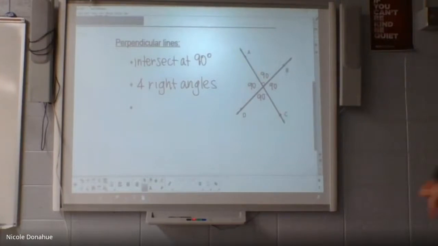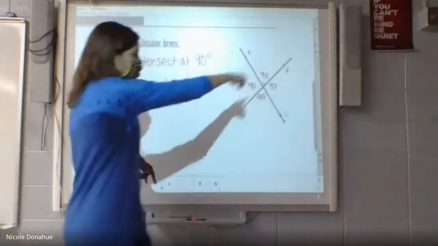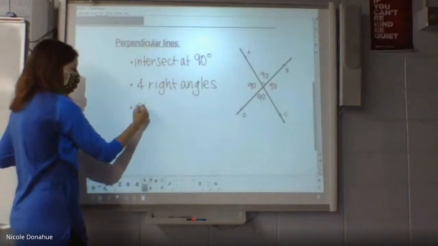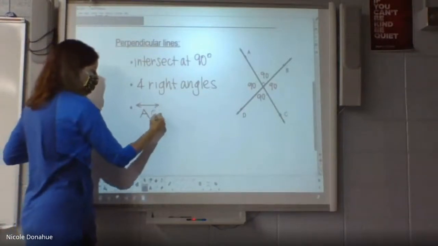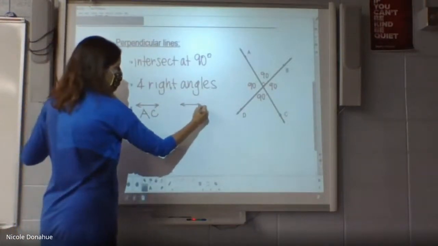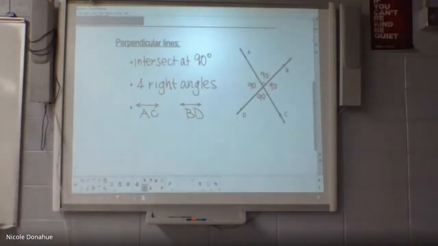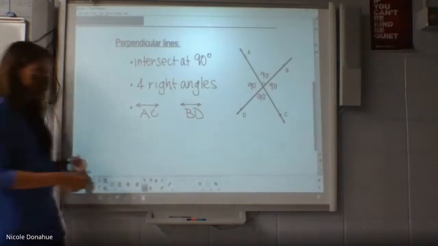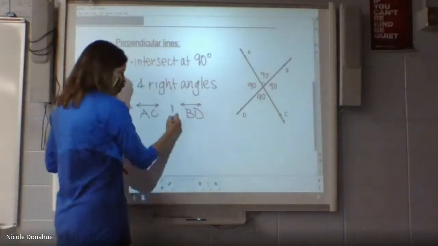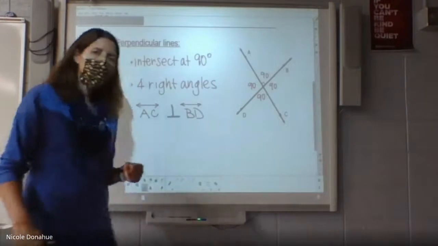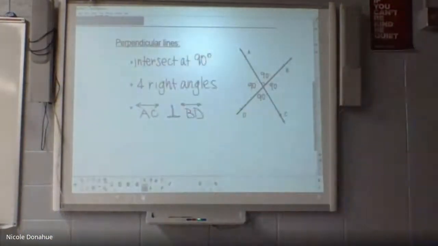So there's a symbol for this. First of all, we have 2 lines intersecting, line AC and line BD. And we have a special symbol to show perpendicular. It looks like an upside down T. So that little symbol, an upside down T, would tell me that those 2 lines are perpendicular.